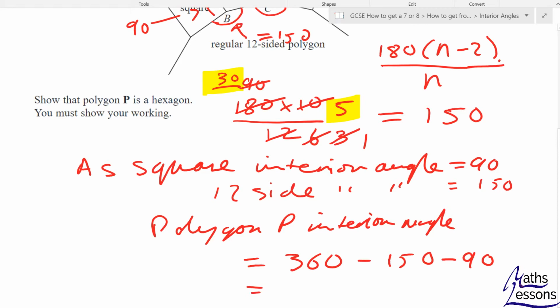So take 150 away, it gives you 210. Take off another 90, gives us 120.